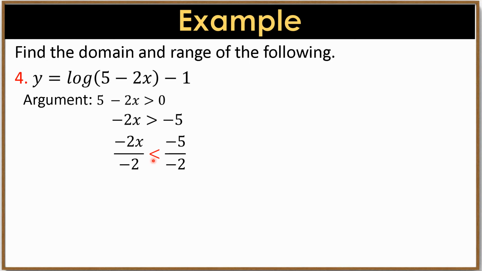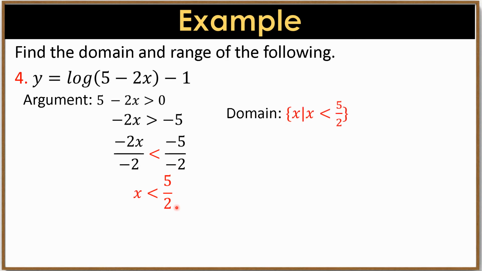Again, if we divide by negative numbers, the inequality symbol in the argument changes. So, from greater than, it becomes less than. Okay? So, negative 2 divided by negative 2 is 1. And if we divide negative 5 by negative 2, it is 5 over 2.